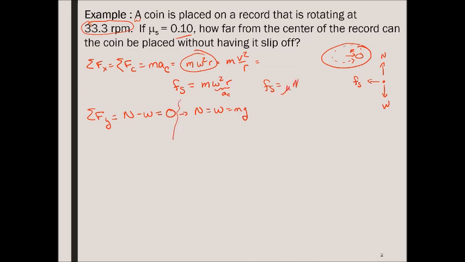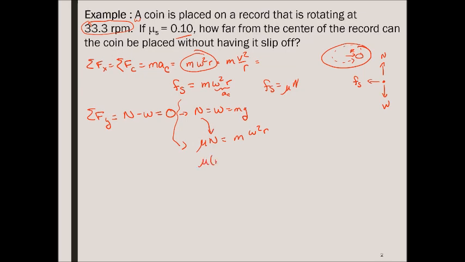So if I take that and stick it down here to have a little bit more room, mu N then is equal to m omega squared R, and N we know is equal to mg.